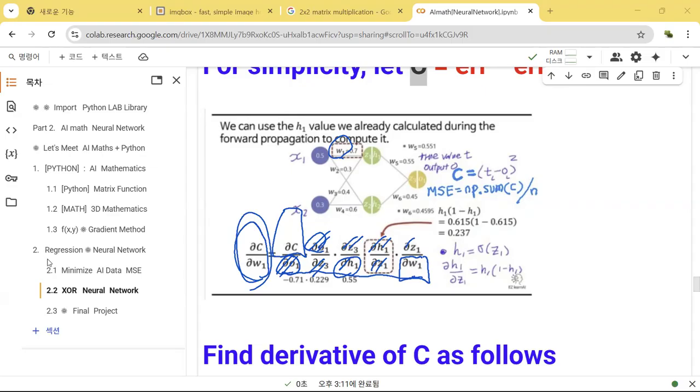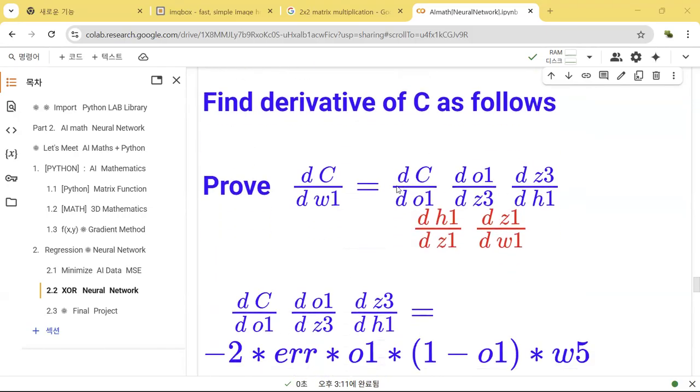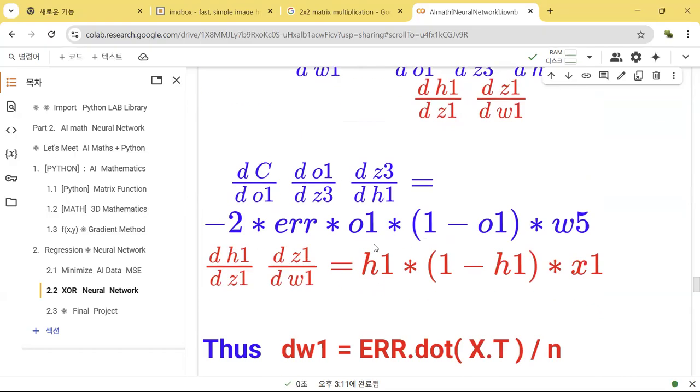But this is a calculus problem, so I don't want to prove this chain rule, but using this kind of decomposition, there are 5 decomposition factors, 3 blue parts and 2 red parts.